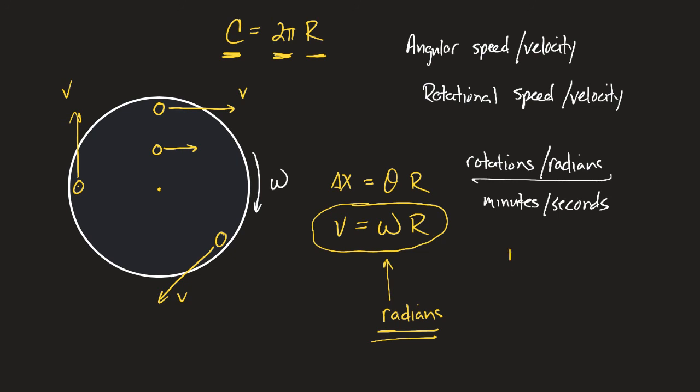Unfortunately, I said the ride rotated 1 rotation every 6 seconds. This is an angular speed, but it's not in radians per second.